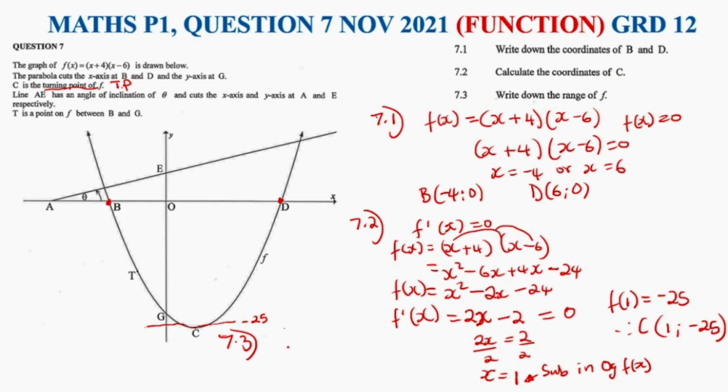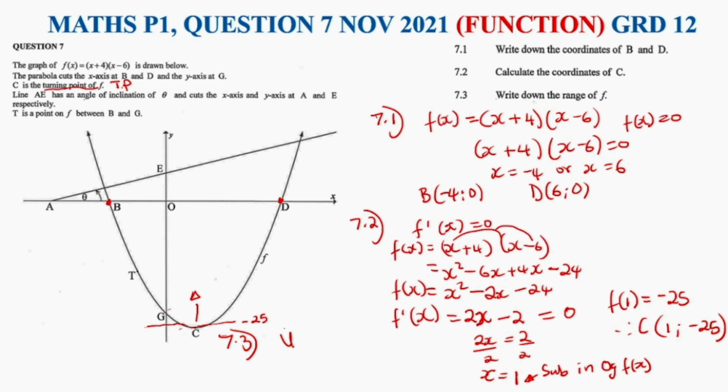So simple, guys, don't panic when you see this. I know learners normally lose 2 marks, or a mark, on questions like this. So you can see from here going up, it's a graph. We're not looking horizontally, we're looking vertically, because we're looking at the y values. So from negative 25 going upwards.